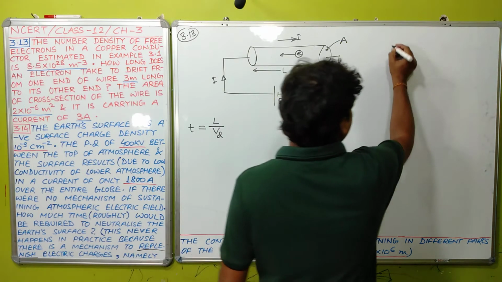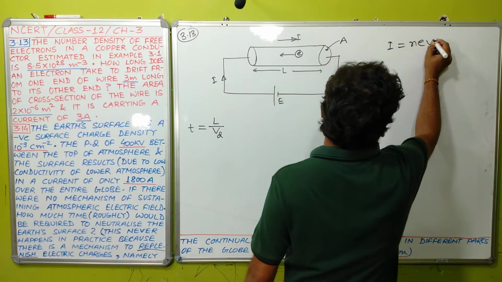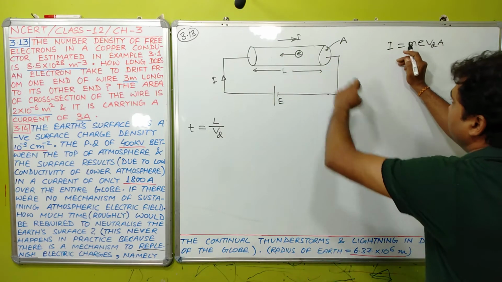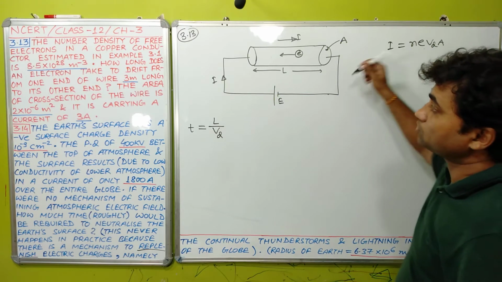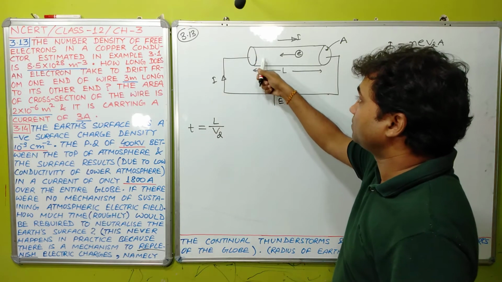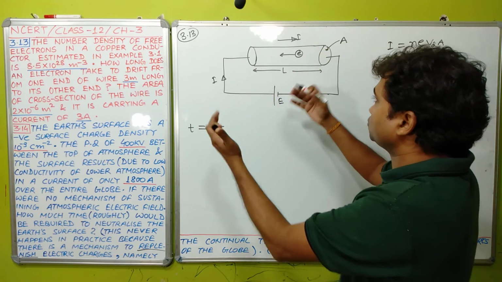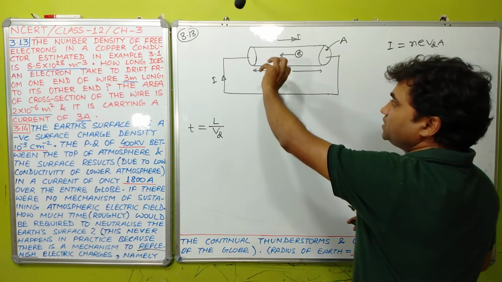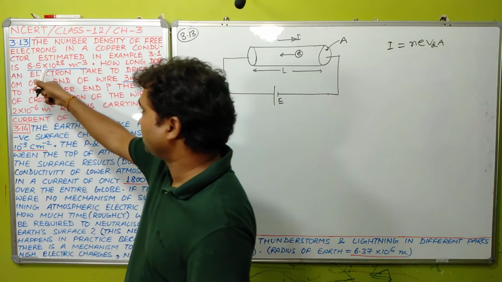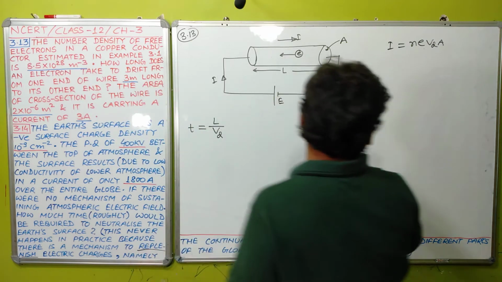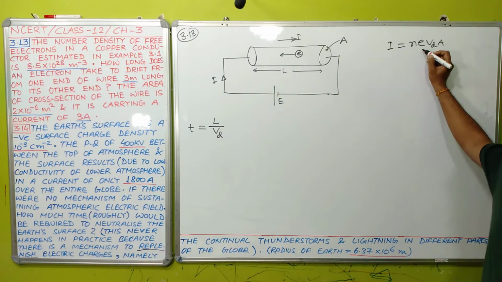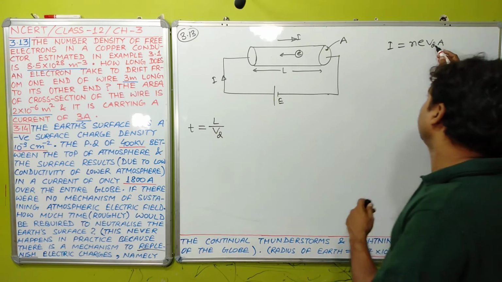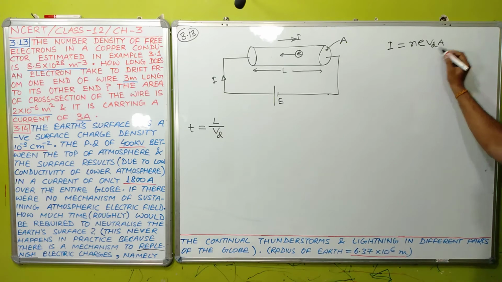For this we have a relation I equals n e Vd A. Here I is the current flowing through the conductor, n is the number of electrons in unit volume. Since there are a lot of free electrons inside this copper conductor, n is the number of free electrons in unit volume, and its value is given as 8.5 into 10 to the power 28 per cubic meter. e is the electronic charge having value 1.6 into 10 to the power minus 19 coulomb, Vd is the drift velocity whose value we want to find, and A is the area of cross section.